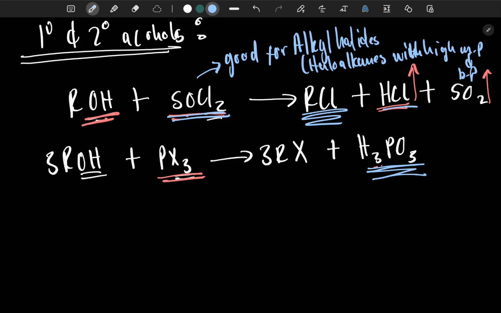Simply because we heat this SOCl2 mixture, we can't use haloalkanes that turn into a gas fast, because the reaction will not be effective anymore. But for PX3, it can work for low melting alkyl halides.